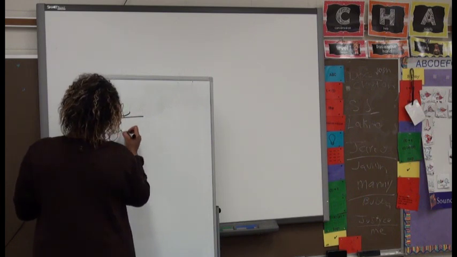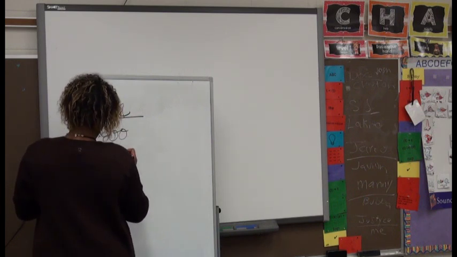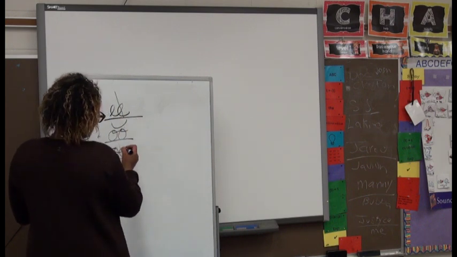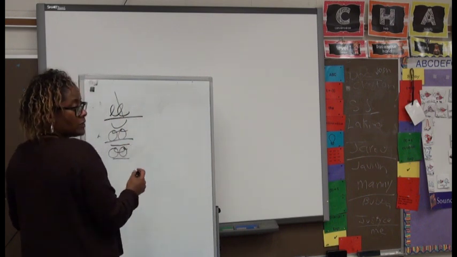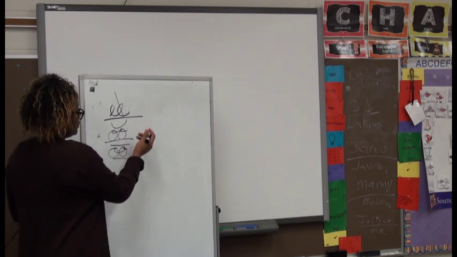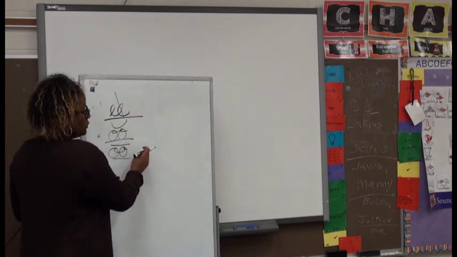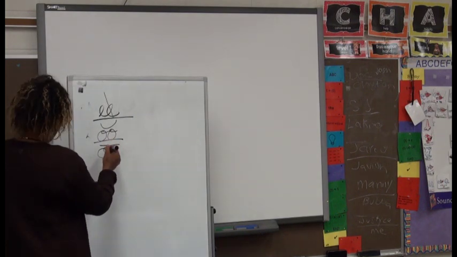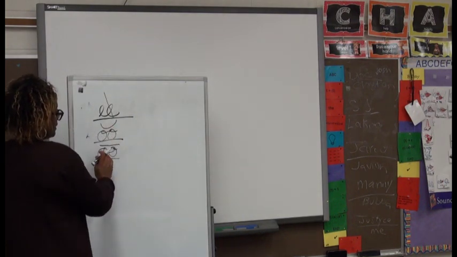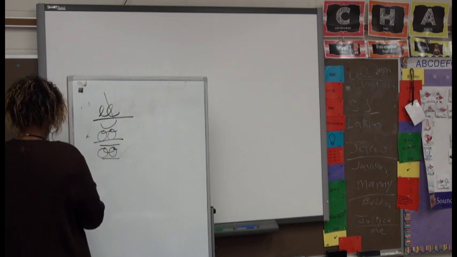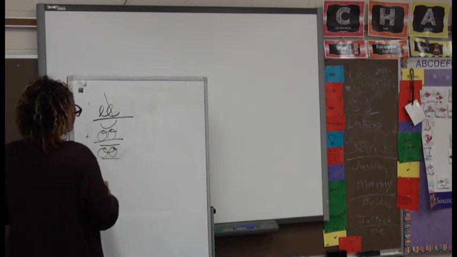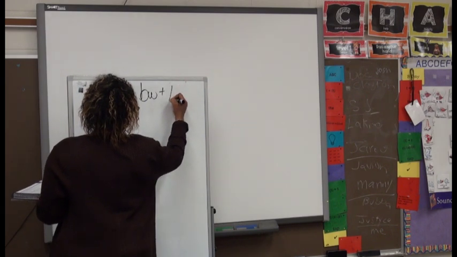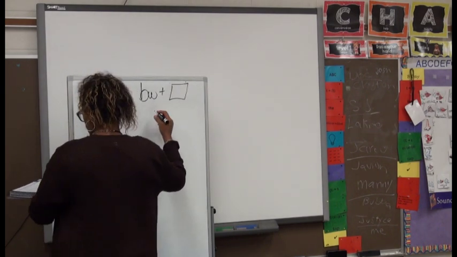And then when we have OO, it could be either the oo in book or the oo in moon, depending on the word. To remember the short one, book. So when you see those words, that's how we code those, with a breve and a macron. And a base word plus a suffix is a derivative.